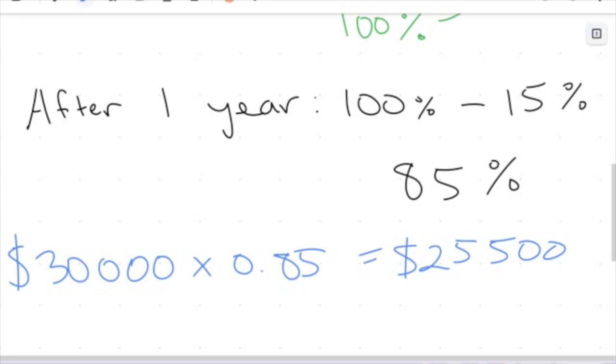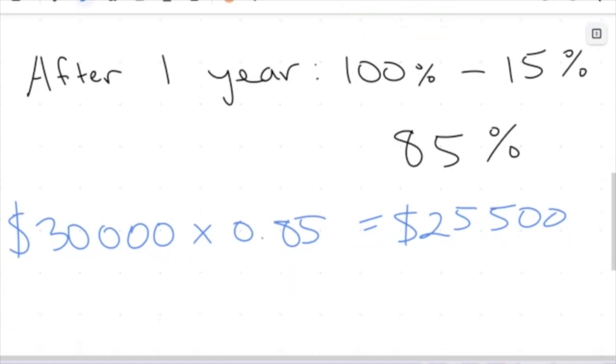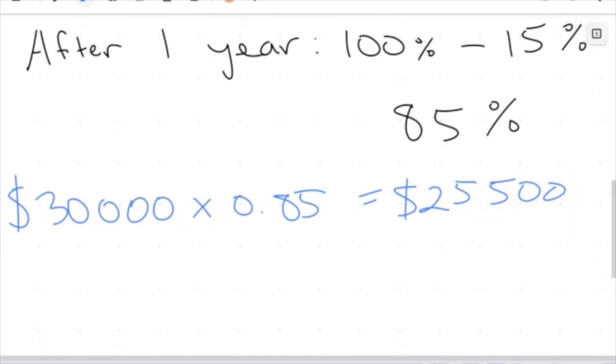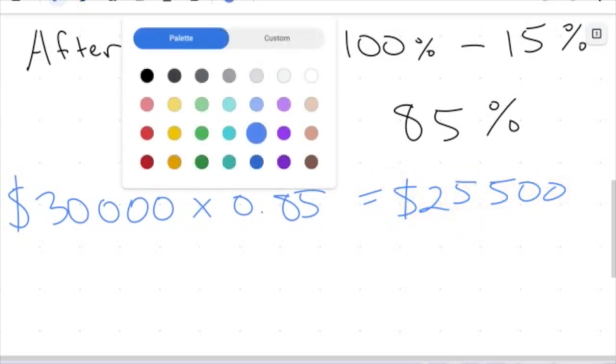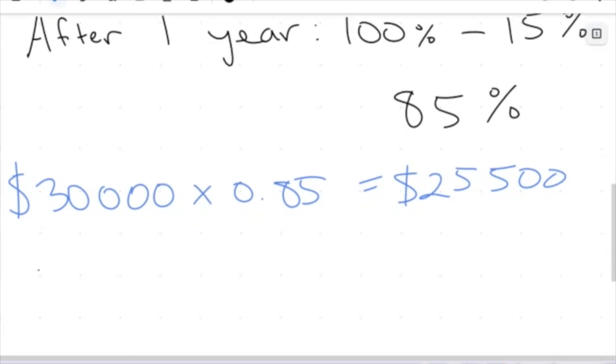And then the year after, it is going to drop by 15% of this value. So my value at the start of that second year is 25,500.